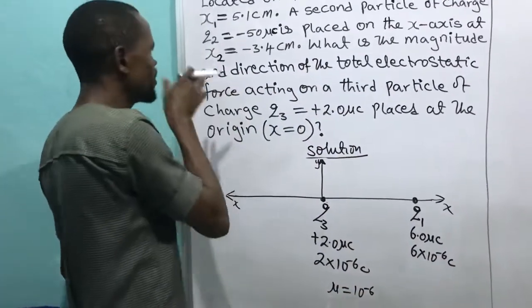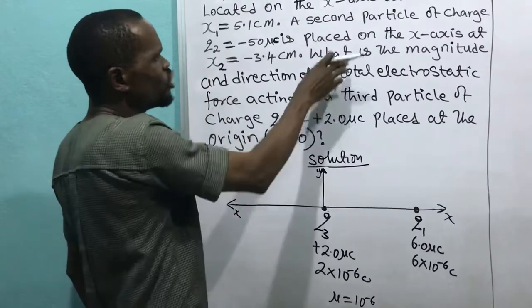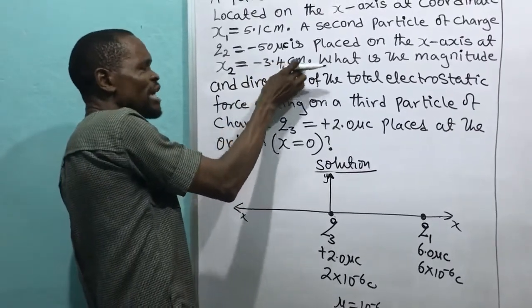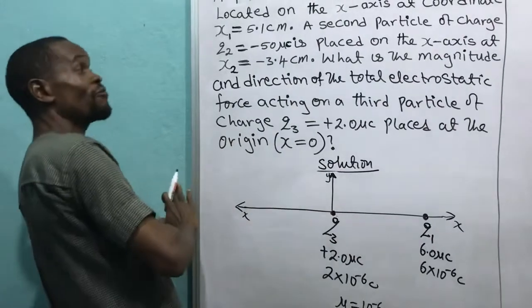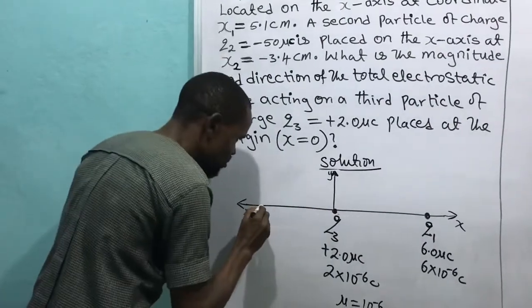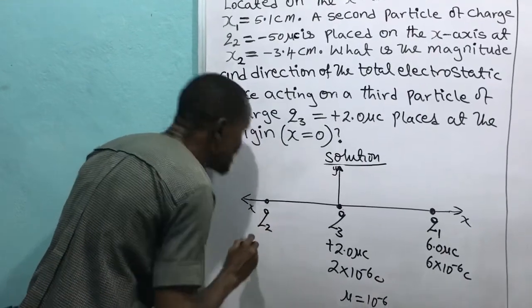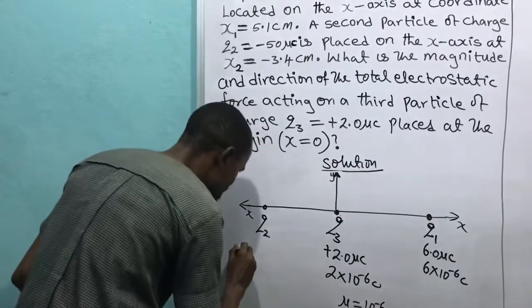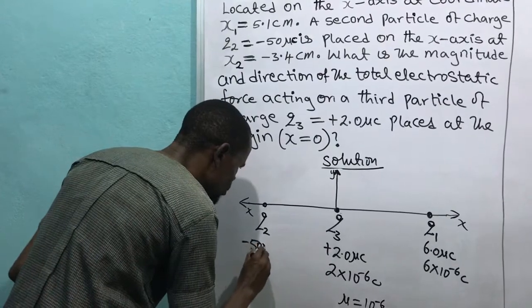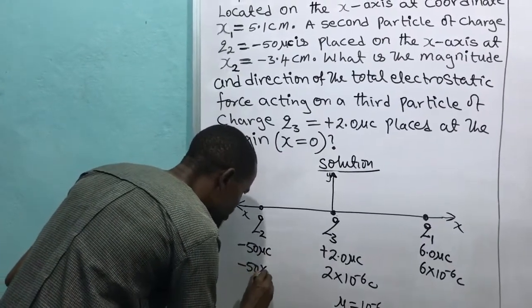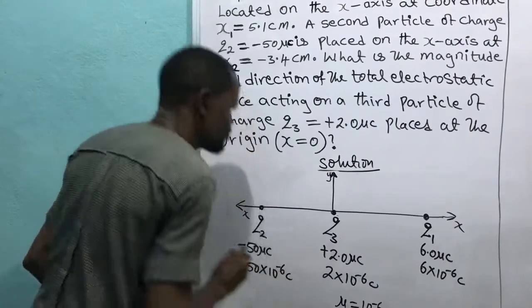Then the third one, which is x2, is located at minus 3.4 cm, meaning at the negative side of x, which I'm taking to be at this point, Q2. And the value is minus 50 microcoulomb, which stands for minus 50 times 10 raised to power minus 6 coulomb.